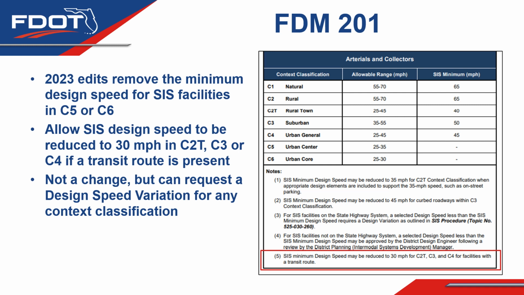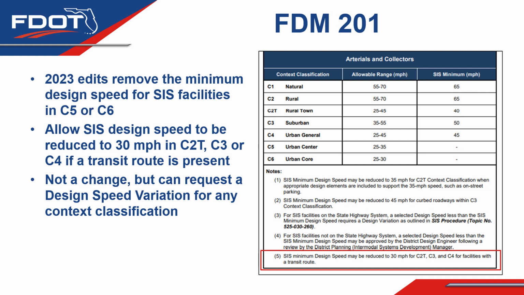And so we're going to allow that to go down to 30 miles an hour in those conditions, which is the speed at which you should be able to design the safe street that you need using those conditions. So if you meet those context classifications and you have a transit route there, you can still go down to 30 miles there in those conditions. And there are already some existing footnotes as well that allow you to go down to 35 miles an hour in C2T if you have certain other conditions existing.